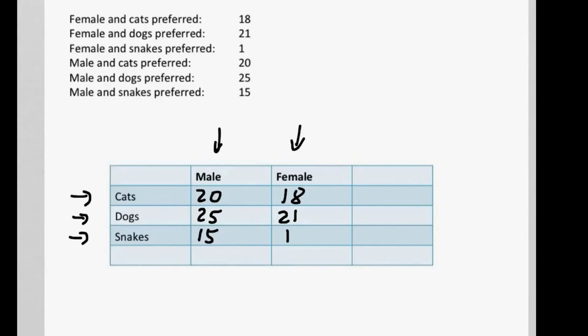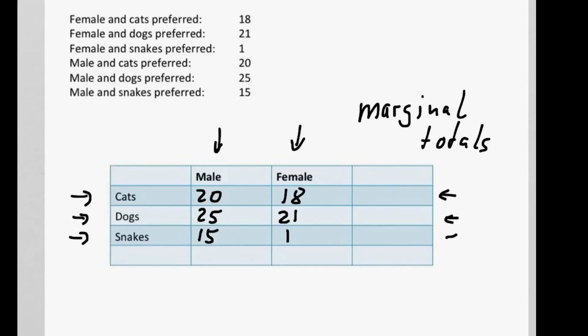And with these columns, we can calculate our marginal totals. This is nothing special. All we need to do is simply add up the numbers in the rows and also the numbers in the columns, and this gives us our marginal totals.